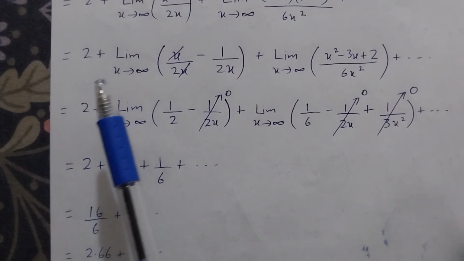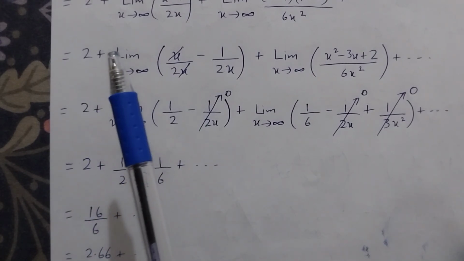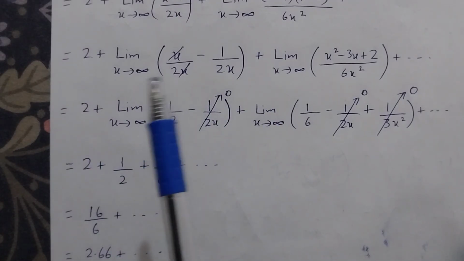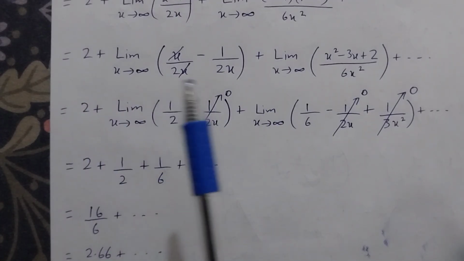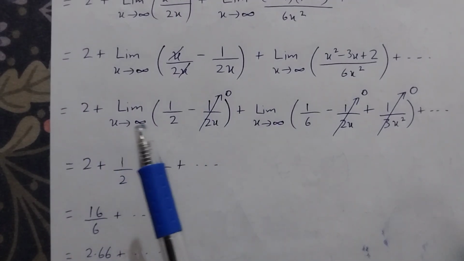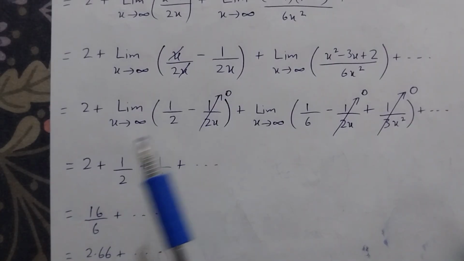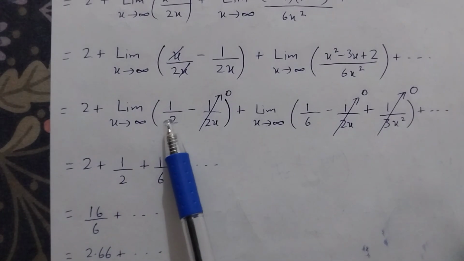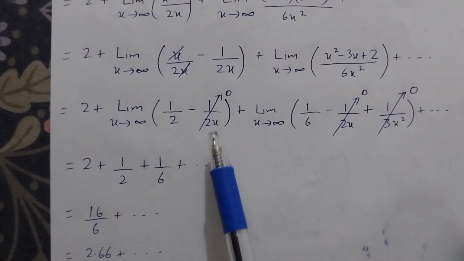And this limit was being applied to all the terms, so it can be applied to them separately by using the property of limits. When we apply that, this term doesn't involve x, so it will be 1 by 2. This has x in the denominator.